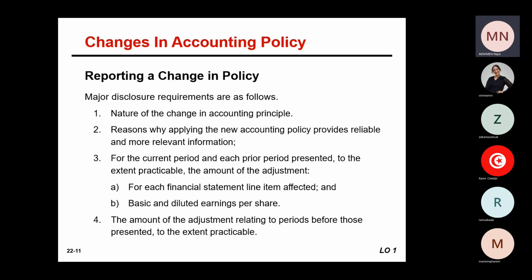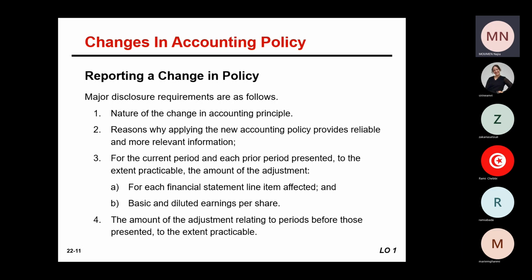Also, the basic and diluted earnings per share, because you know that for the income statement we provide the earnings per share at the end, whether basic or diluted. And then, of course, the effect of that change will be shown on that earnings per share. The amount of the adjustment related to the prior periods before those presented, to the extent practicable.